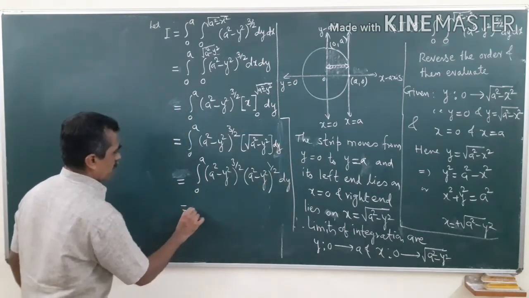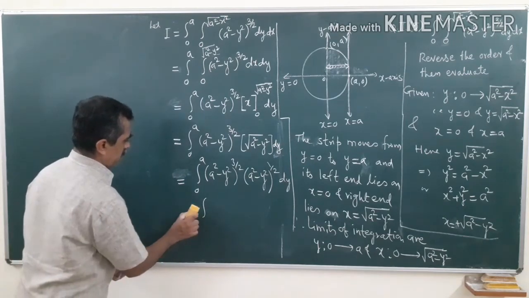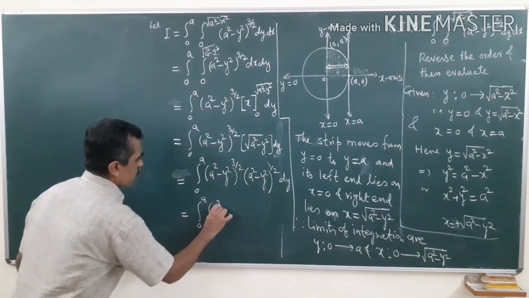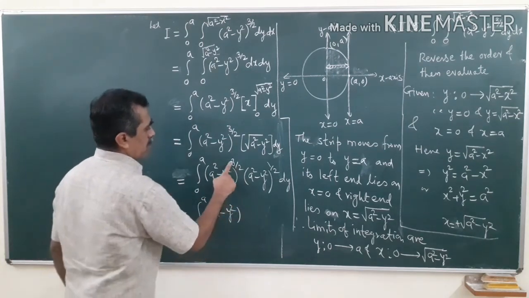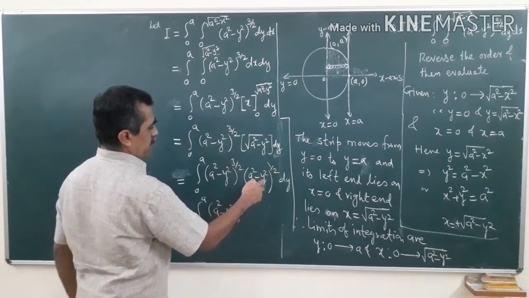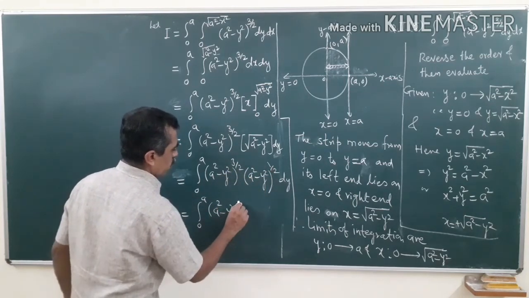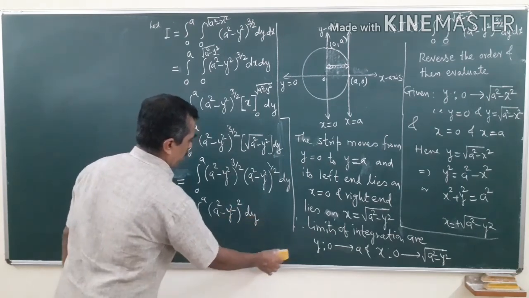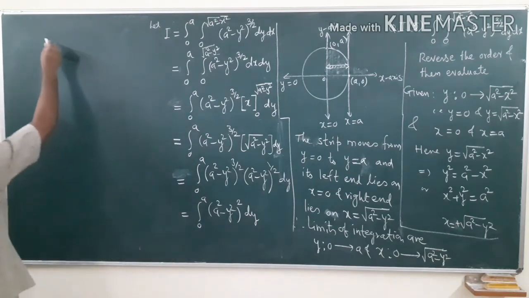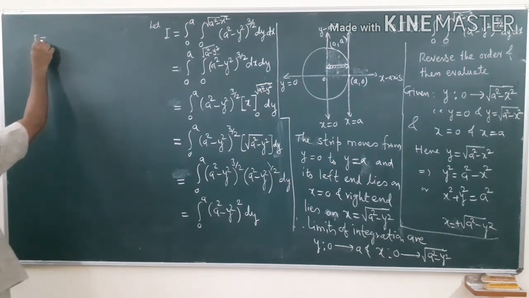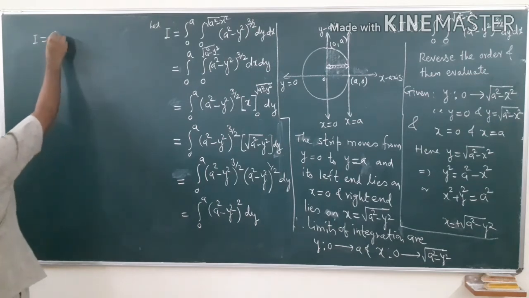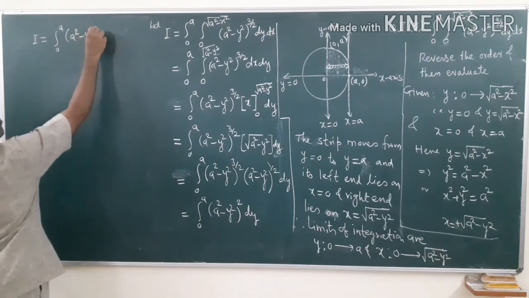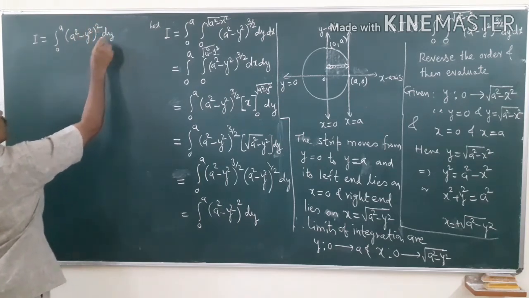So this is equal to the integral, I will write clearly, from 0 to a of a square minus y square raised to 3 by 2 plus half. Now 3 by 2 plus half is 4 by 2, which means 2, so dy. Therefore I will write here I is equal to the integral from 0 to a of a square minus y square bracket squared with respect to y.